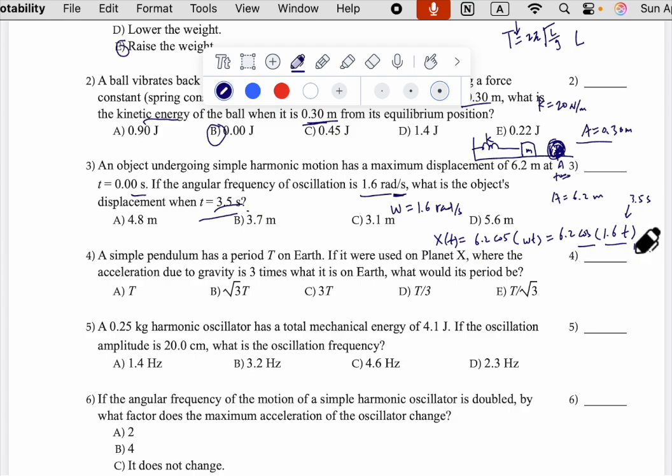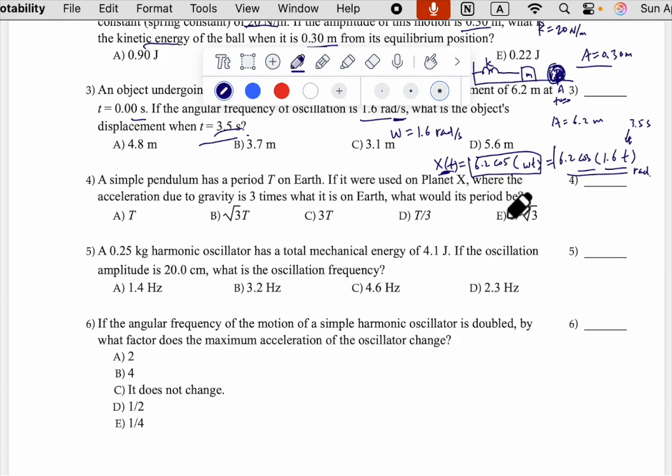So you have to turn your calculator from degrees into radians, and then directly plug in and figure out your x value at this time. The key point here is to write out the position-time relationship.